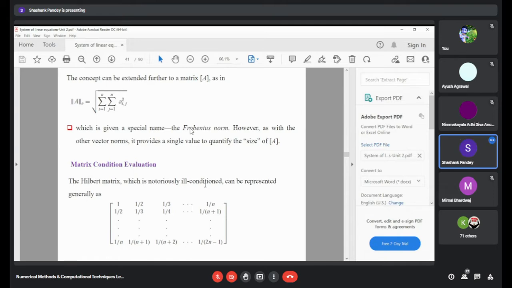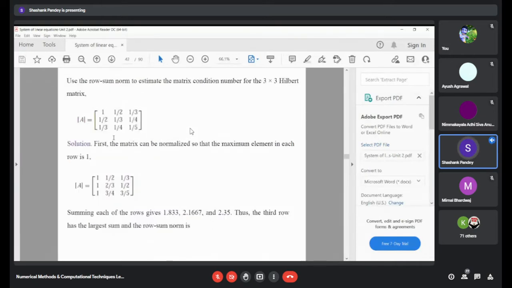Here we can see this is an n cross n matrix. If we extract only a 3 cross 3 matrix from this Hilbert matrix, this is the 3 cross 3 matrix. You can see it here.